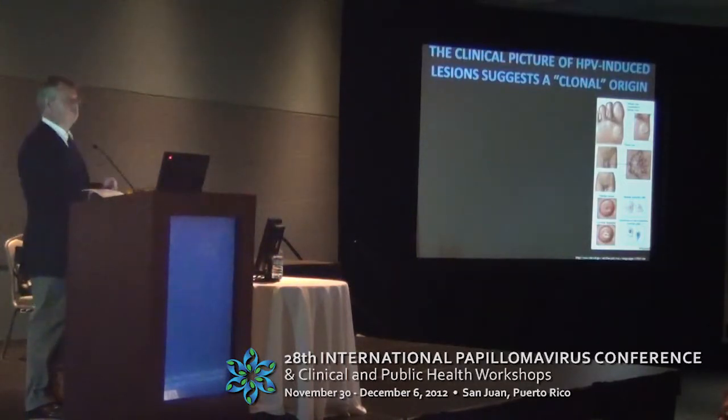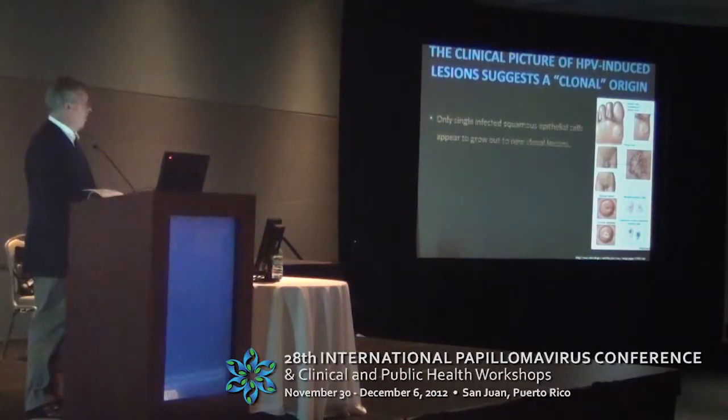They either don't cause any clinical signs, as most of the papillomaviruses you have just heard about from John Doorbar, or there are others that cause lesions that usually grow out as clonal lesions. Taking just a normal wart, there's usually one wart that grows on a certain site.